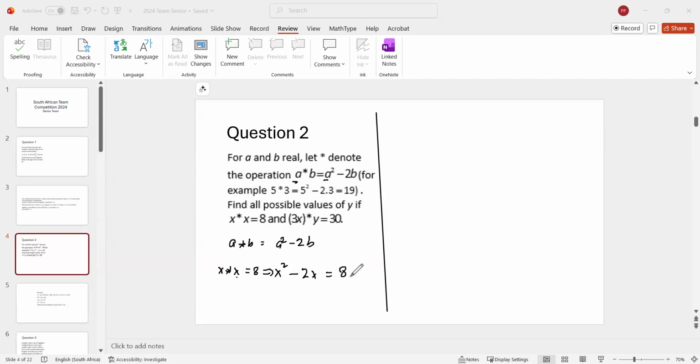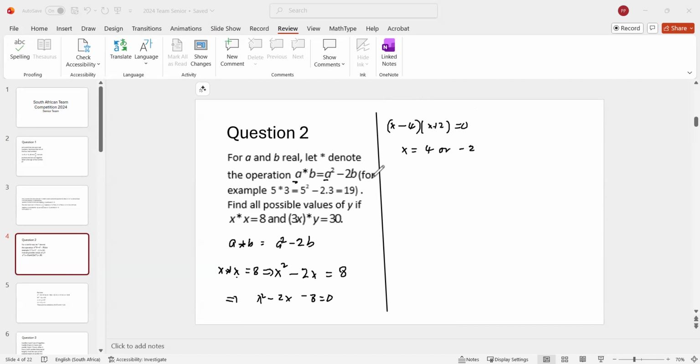So this tells you you've got a single equation involving x and 8, and that's a quadratic equation. And it factorizes. The values of x are 4 or negative 2.